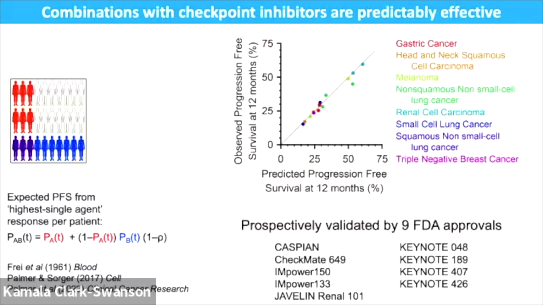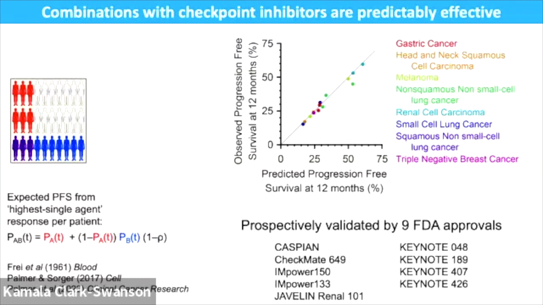We can also look at that as a scatter plot of observed versus expected progression-free survival at 12 months. And so across all these different cancer types, not all of these trials met their efficacy endpoints. So some led to FDA approval, some didn't, but they were all pretty close to what was expected by this model. And so given that these trial results came after the model was published, this is 9 FDA approvals that have prospectively validated the model.